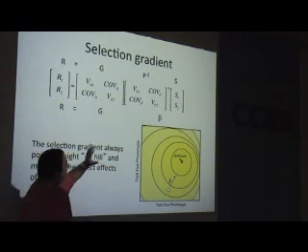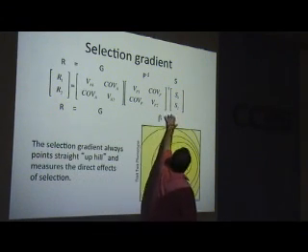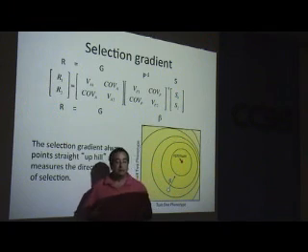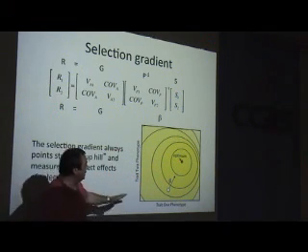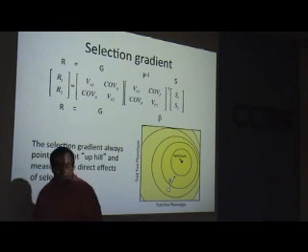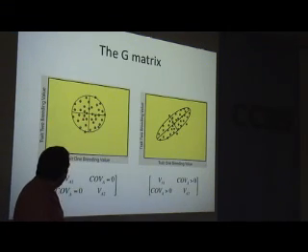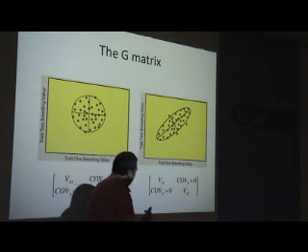But the beta vector, by putting these two together, has removed those indirect selections, and points directly uphill.